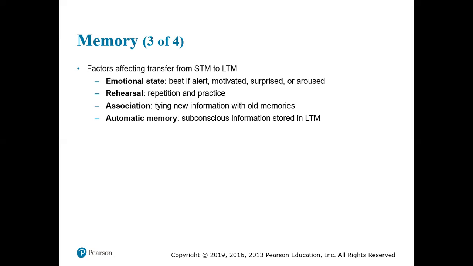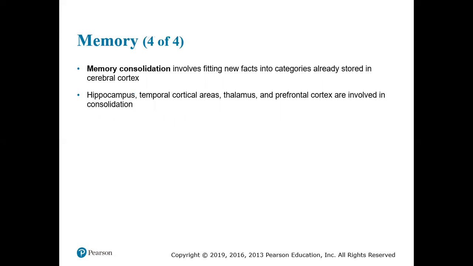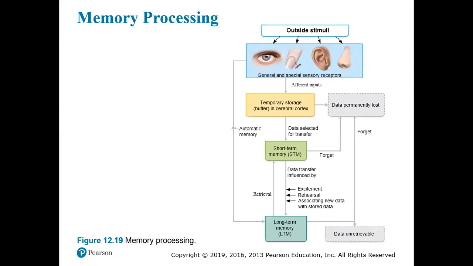It's being consciously aware of it. Memory consolidation involves fitting new facts into categories that are already stored. The hippocampus, temporal cortical areas, the thalamus, and the prefrontal cortex are involved in the consolidation of memory.